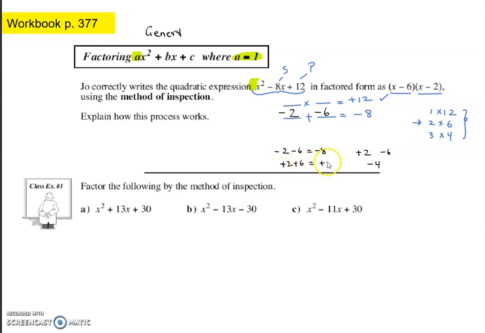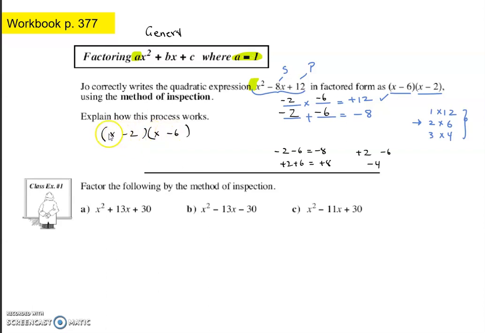Now check that it works for multiplication: negative times negative gives you positive 12. Once you know these numbers work, you take your variable x, make 2 brackets, and write negative 2 and negative 6. It doesn't matter which one you put first, because this is multiplication, so the order doesn't matter.